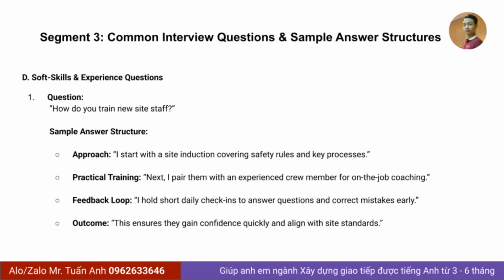Next, I pair them with an experienced crew member for on-the-job coaching. Feedback loop. I hold short daily check-ins to answer questions and correct mistakes early. Outcome. This ensures they gain confidence quickly and align with site standards.